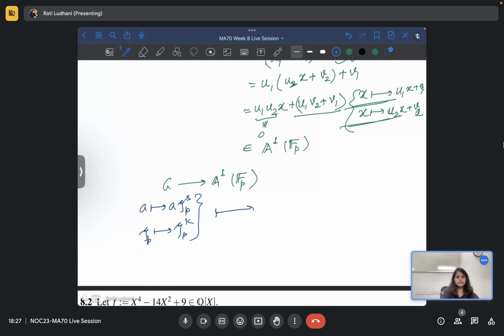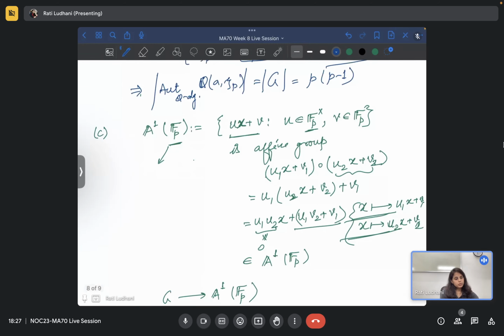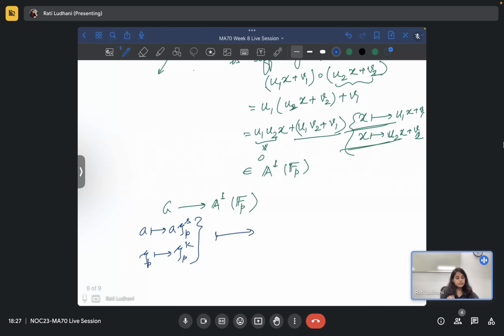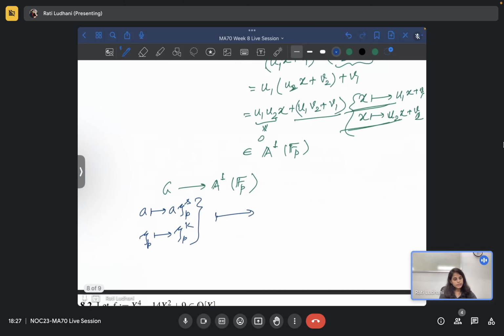We have to prove there is a canonical isomorphism between these. Any element of A1 of Fp looks like ux plus v. What is varying here? s and k are varying, with the condition that s is from 0 to p minus 1, and k is from 1 to p minus 1.